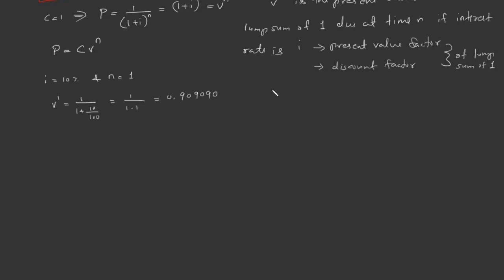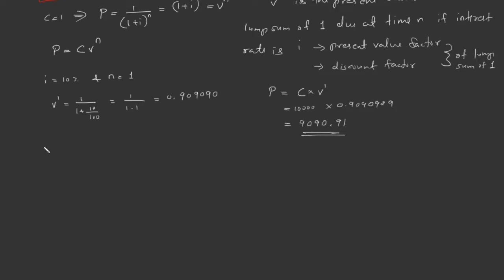In our previous example, we know P can be calculated as C into the present value factor. So here the present value factor was v raised to 1 at I is equal to 10%. And we know C is 10,000, and that into 0.9090909 is equal to 9090.91, which we got in the previous example.